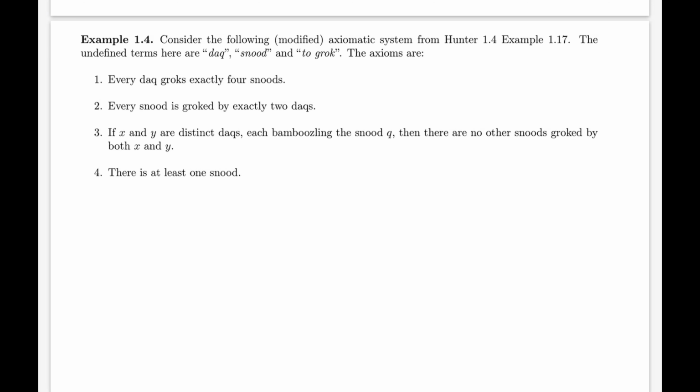And you should make use of this axiom, and you're probably going to want to make use of this axiom as well, and probably the second axiom. Okay, and again, this one here should say grok.